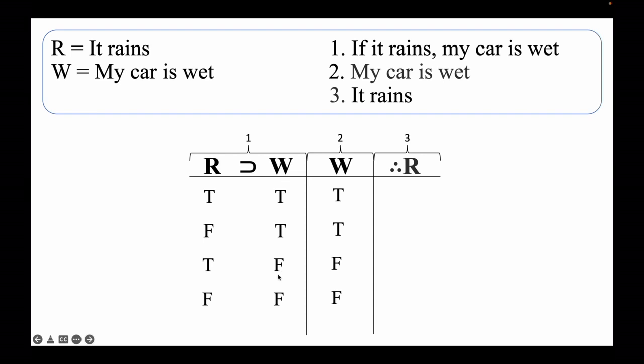Consequently, the only thing to do is to transcribe all the truth values that are underneath this W, and I just transcribe them underneath the second premise because it's the same term. The same thing applies to R in the conclusion. It's the same R that occurs in the first premise, so it's going to have the same truth values.